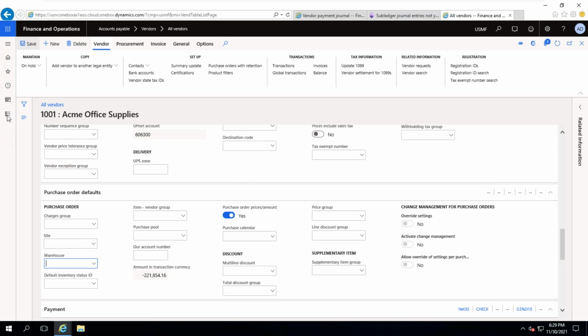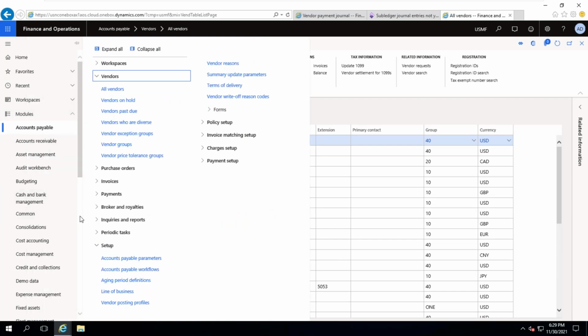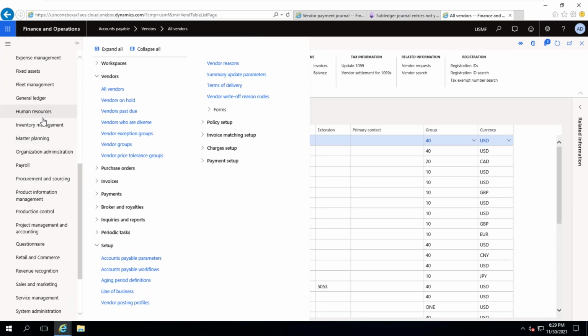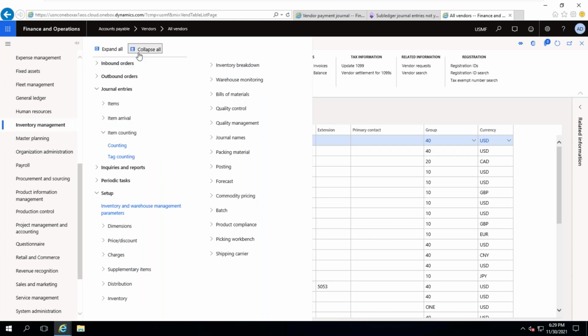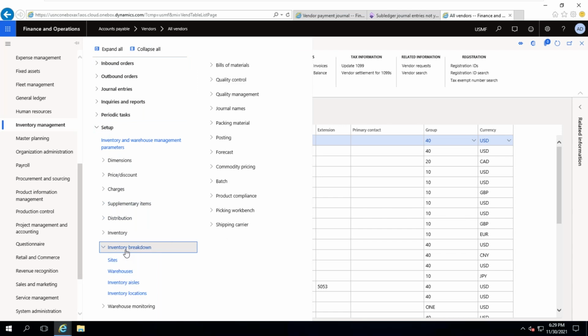I will show you, but I cannot explain the complete process. It is available in Inventory management, part of T&L. So collapse all, Setup, Inventory breakdown, and you can map site and warehouse. These are my warehouses.